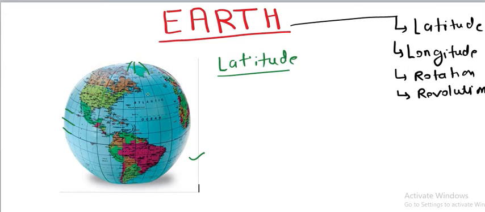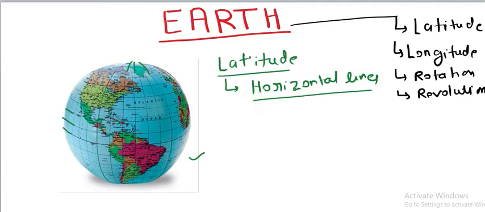These imaginary horizontal lines are called latitudes. So latitudes are the horizontal lines present on the globe.